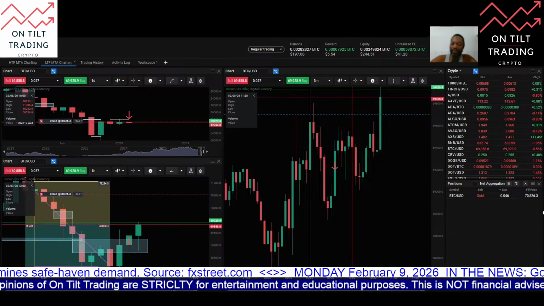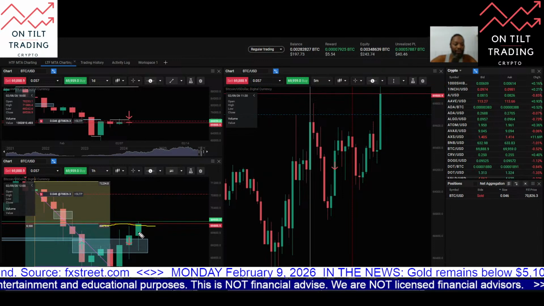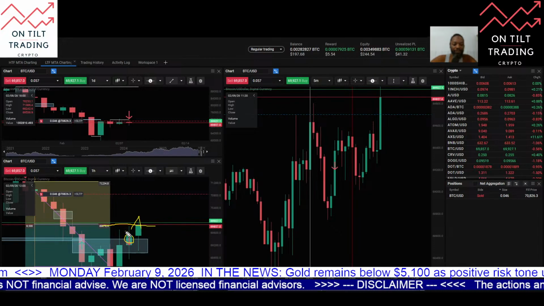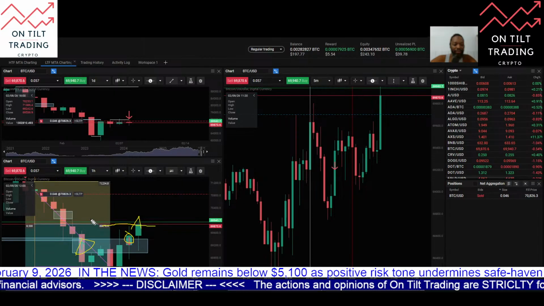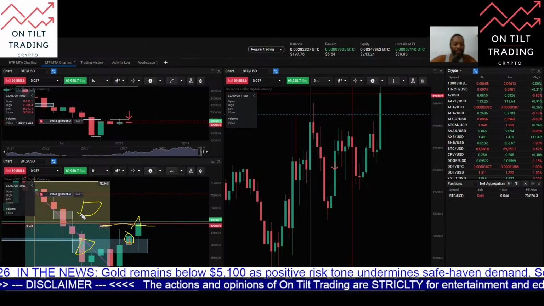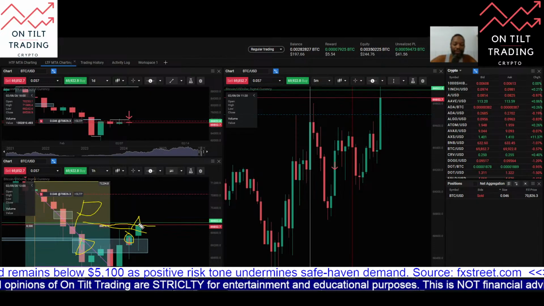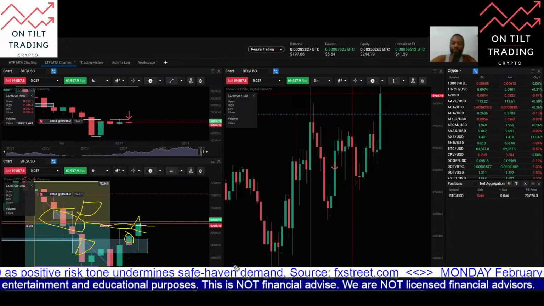So you can see the level of equilibrium here and price not reaching into it until this current candle where I took this position here, where price was in an area of discount pricing. Now this is an area of premium pricing up here. So ideally, taking any short position, you want to be in position up here.